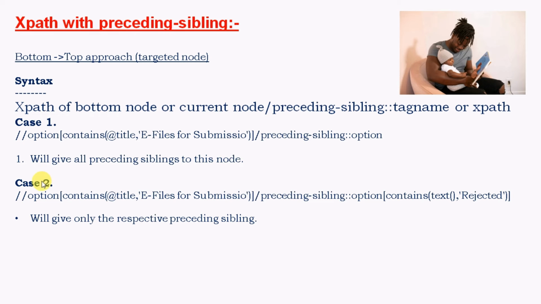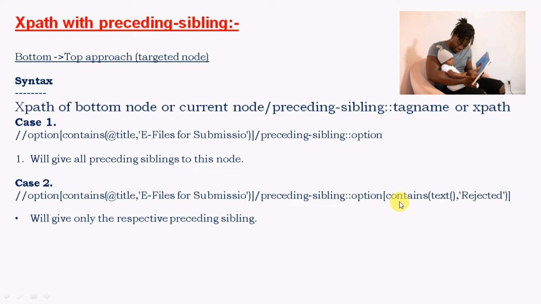Now case 2, /option. We'll write the XPath for the current node, preceding-sibling, option. Now I will go with the XPath. So here you can write the XPath like that. So you provide the tag name. Here the slash will not come because we have already provided it here. So option, the tag name, and in the bracket symbol, contains text and the required string.